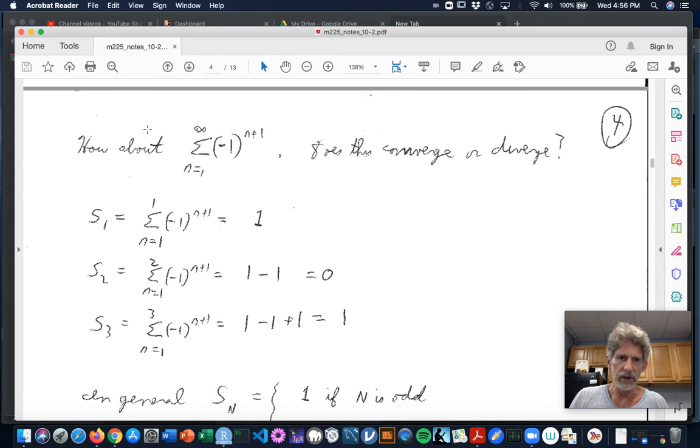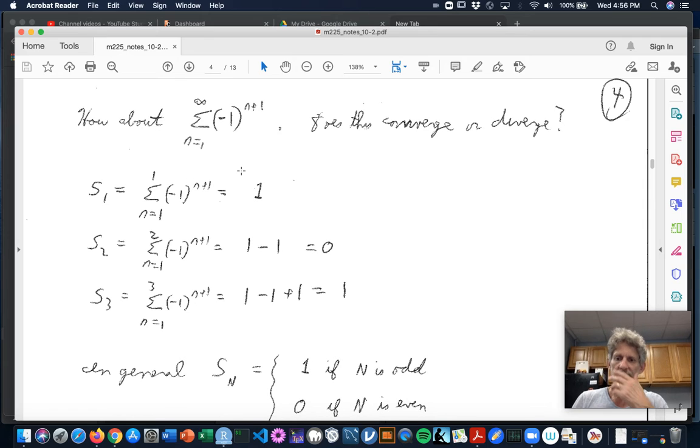How about this infinite series? Does it converge or diverge? Again, let's see if we can find a formula for the nth partial sum. So I try out S1, which is the sum from 1 to 1 of -1 to the n plus 1. That's a 1. S2 is -1 to the 1 plus 1 plus -1 to the 2 plus 1.